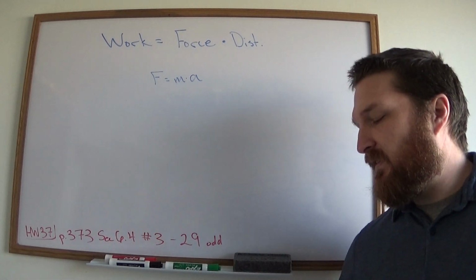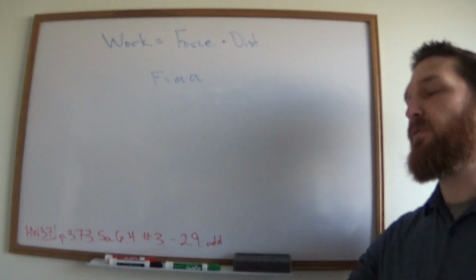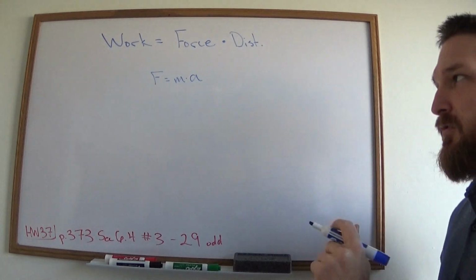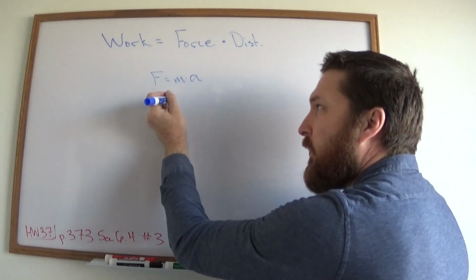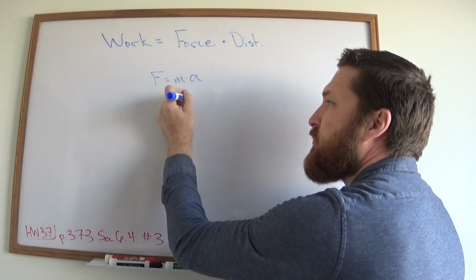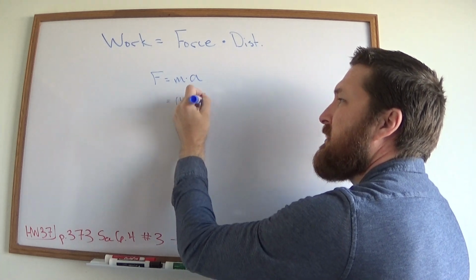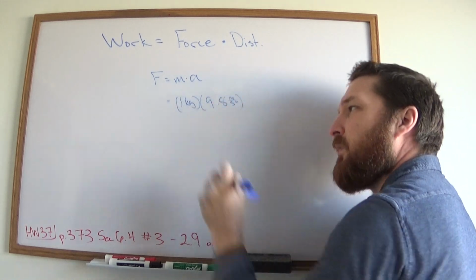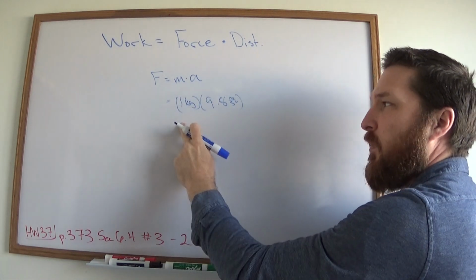If you're lifting something that's a certain weight through a certain distance, the only force that we really care about is the force of gravity. So we have the mass, which is 1 kilogram, times the acceleration of gravity, which is 9.8 meters per second squared. That's the force.